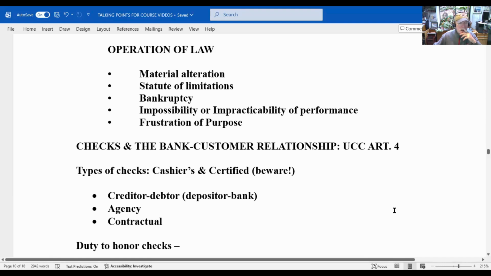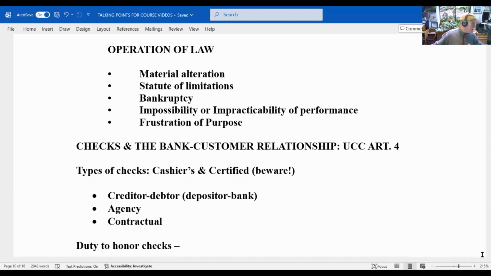Okay, so I mentioned that banks have an interesting relationship to the depositor.